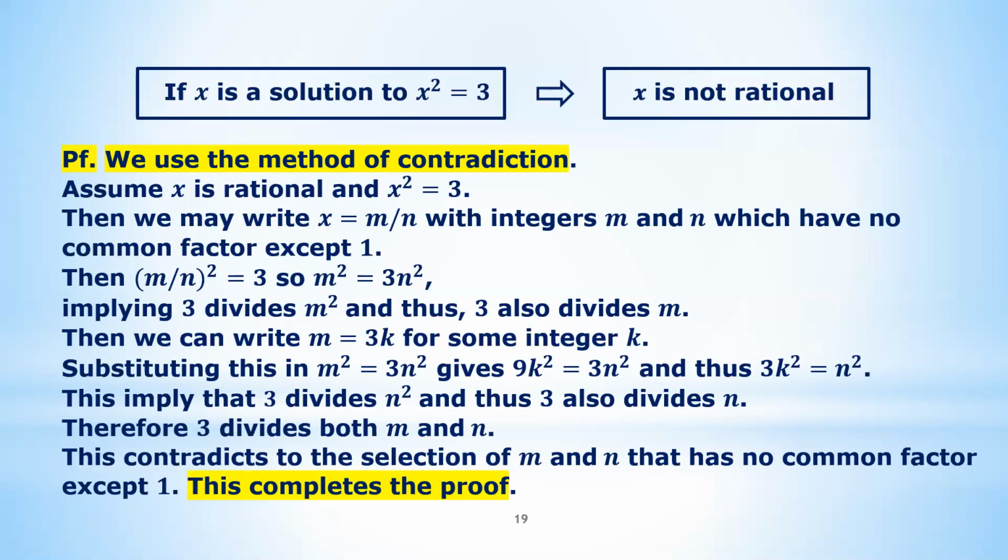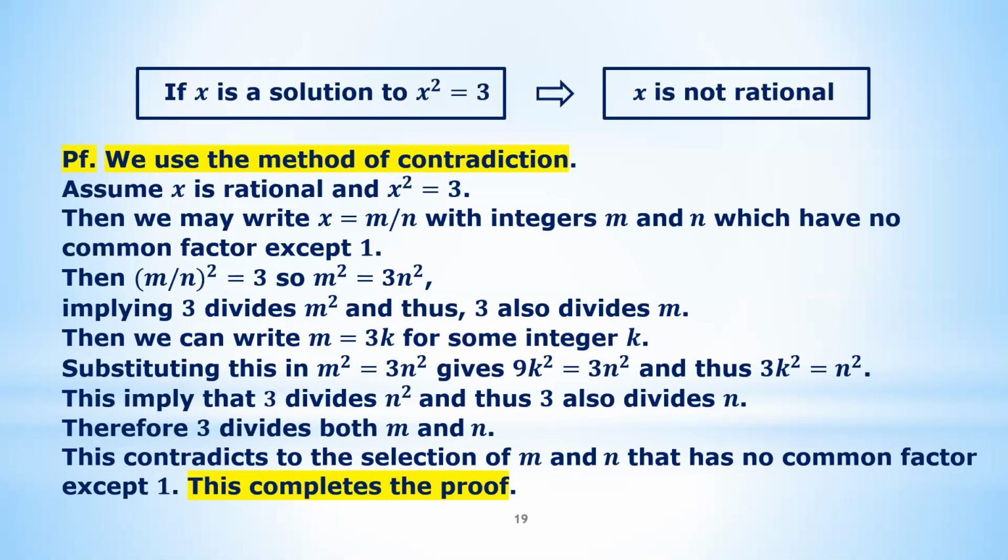Why? Because this contradicts the selection of m and n, because we chose m and n such that there is no common factor except 1. Now I'm getting a common factor greater than 1. So this is a contradiction to the earlier arrangement. So this contradiction shows that the assumption is wrong.